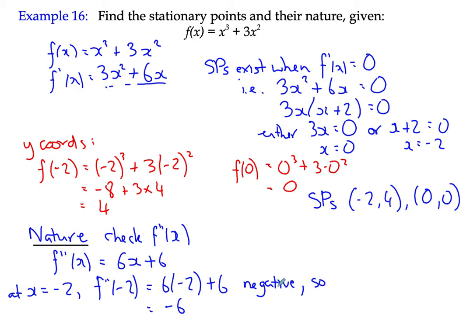What does that mean? A negative second derivative means that it is concave down, and concave down means a maximum turning point. Concave down means the gradient is getting lower, it's becoming more negative all the time.